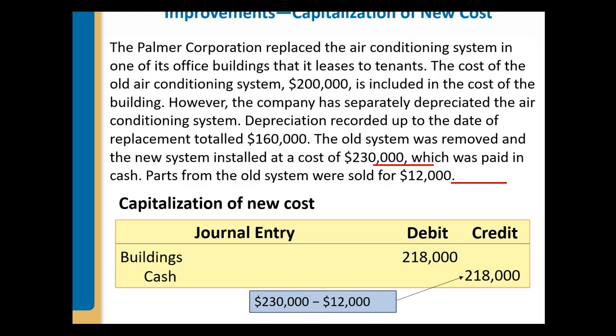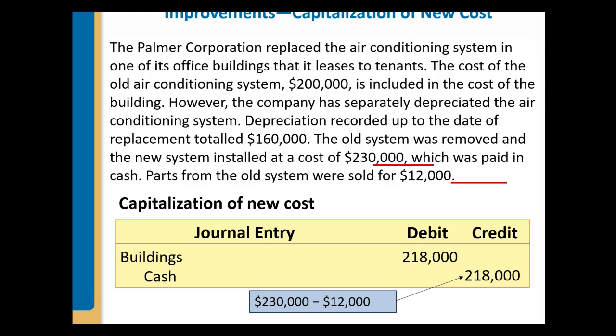Now, under the capitalization of new cost method, the original cost and accumulated depreciation of the original component are not removed. The building account is debited for $218,000, which is the difference between the actual cost of the new building, which is $230,000, and $12,000, the amount received for the sale of the parts of the old system.